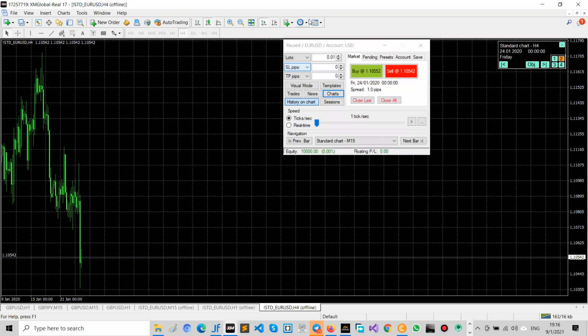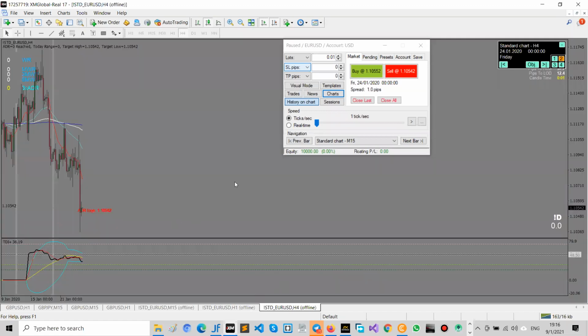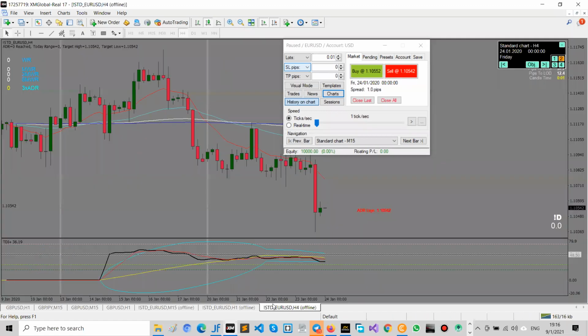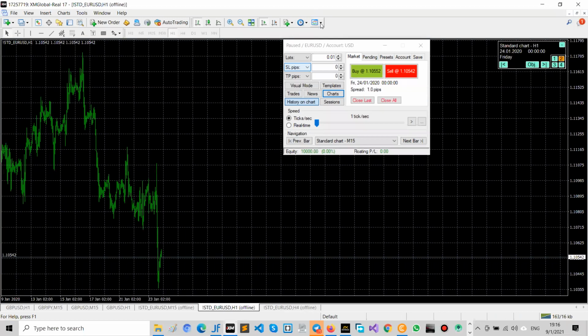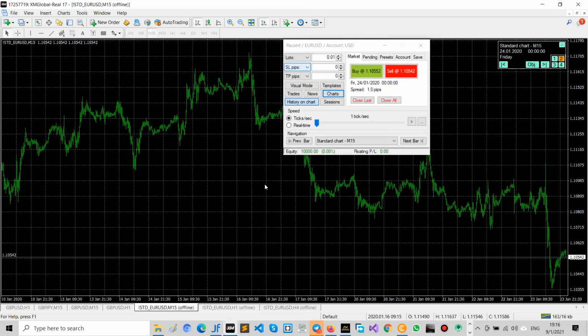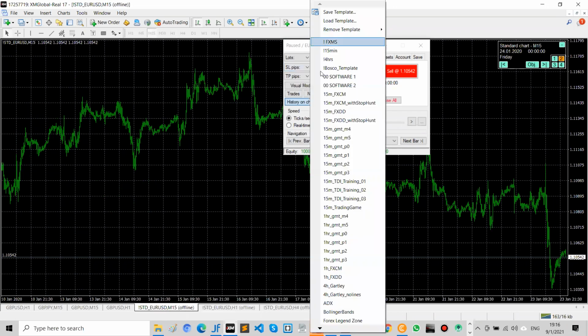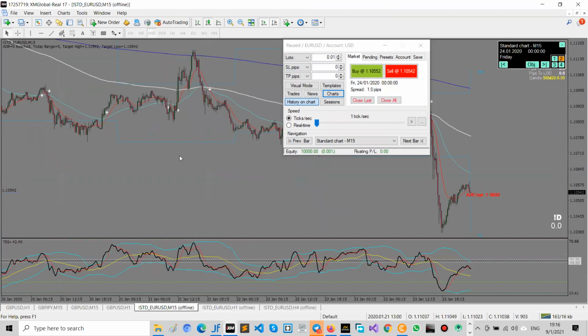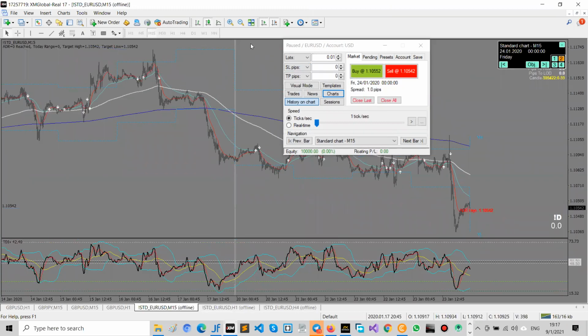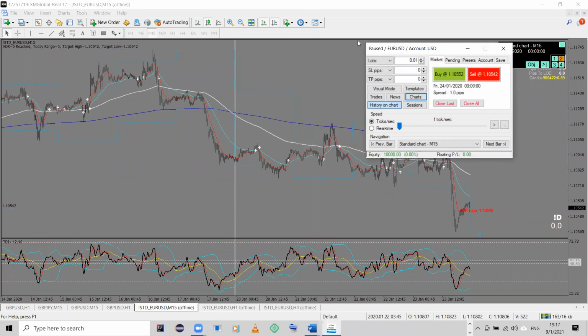So my strategy still remains my strategy, my templates remain my templates. I'm going to place them all, H4 in place, H1, M15. So as you can see now, everything is in place.